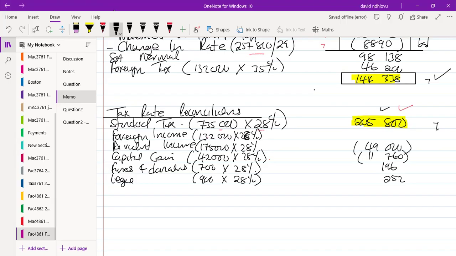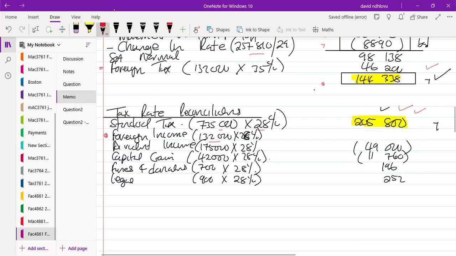Right, but on the foreign income, we have got to be careful. This is because in here, I've included 28% of 132. However, in this calculation, on foreign income, I had included 46,000.